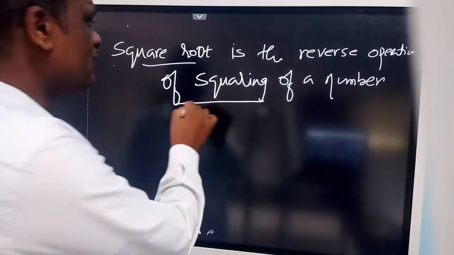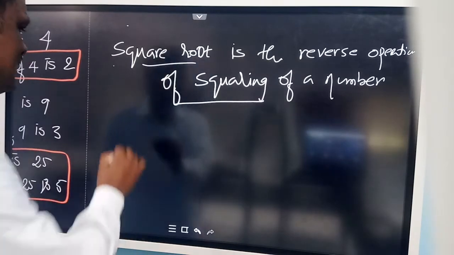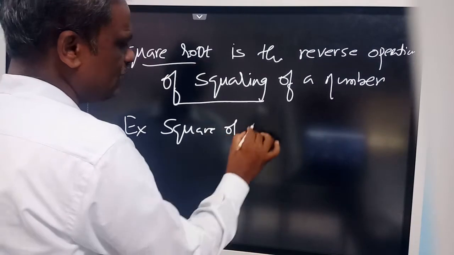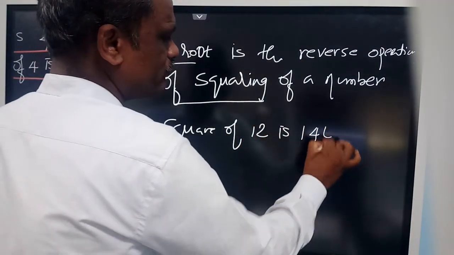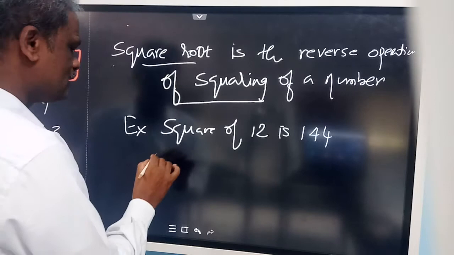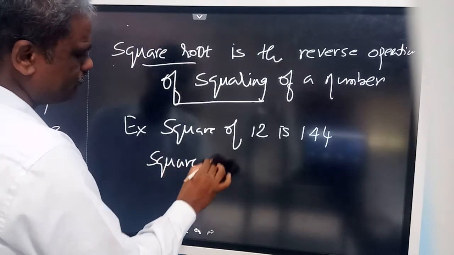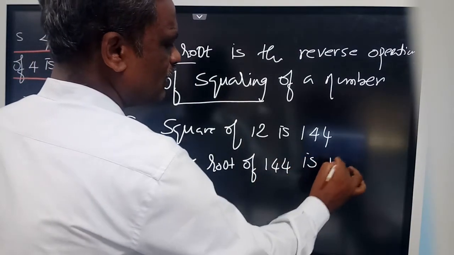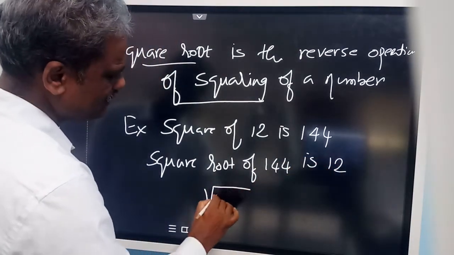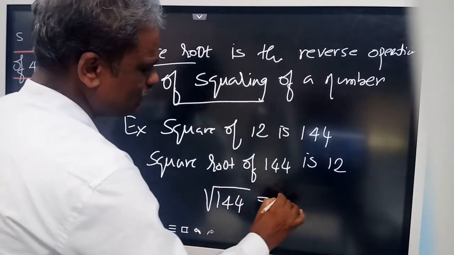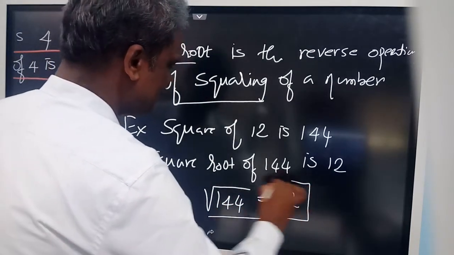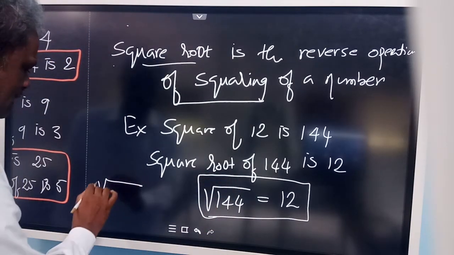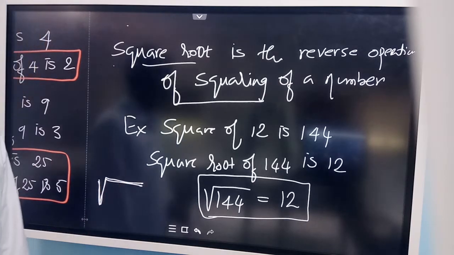Example I already told. Square of 12 is 144. The reverse operation is square root of 144 is 12. The symbolic representation is like this. Square root of 144 is equal to 12. So this is the symbol used to represent the square root. This symbol, square root symbol.